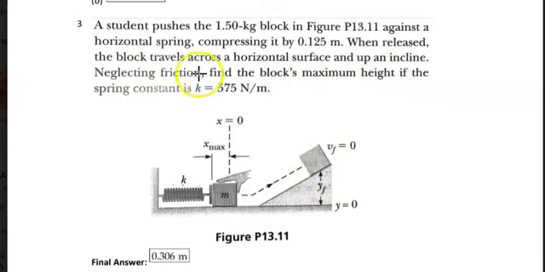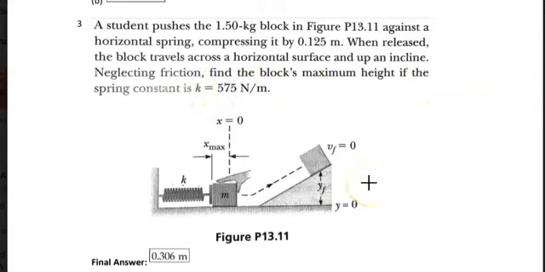By neglecting the friction on this surface and on this surface, you are asked to find the block's maximum height, which is the y f over here, if the spring constant k is equal to 575 Newton per meter.